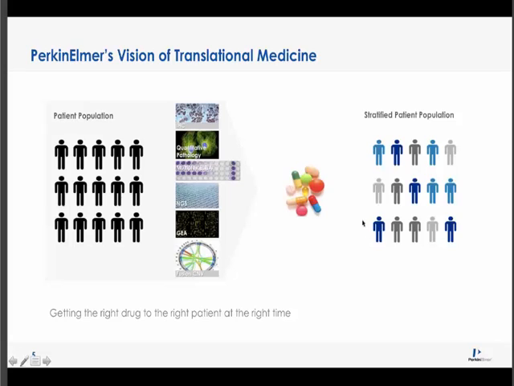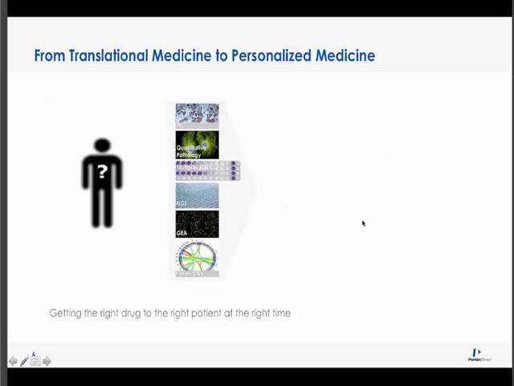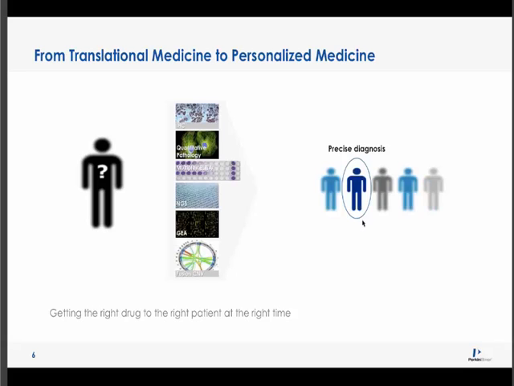Once we find all those differences and categorize them as various biomarkers, when a patient presents themselves, you can take those same measurements and identify where they fit within that stratified population, and provide them with the right targeted therapy and a precise diagnosis so they can be treated more effectively for their particular ailment. That's the entire workflow we're really trying to enable here.